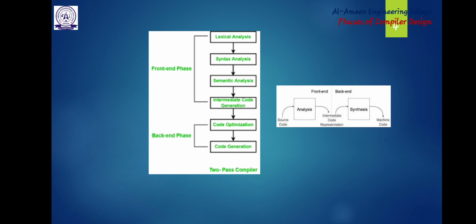The front end phases we can call the analysis phase, and the back end the synthesis phase. In between these two, intermediate code representation takes place. This intermediate code representation comes from the analysis phase, and it is taken as the input in the synthesis phase, and it will give the machine code.